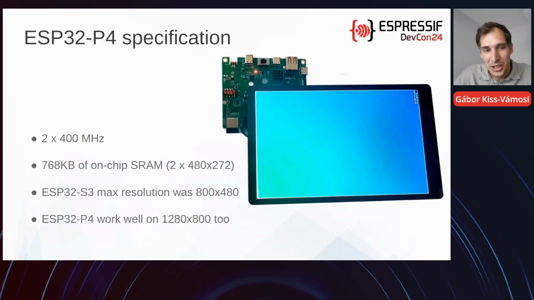According to our experience and measurements, the maximum reasonable resolution for ESP32-S3 was 800 by 480. It was sometimes a little bit lucky, but with careful design, you can create decent UIs on this resolution. However, for the P4, even way larger, like HD screens, were working very well. So I think it's a huge step forward.